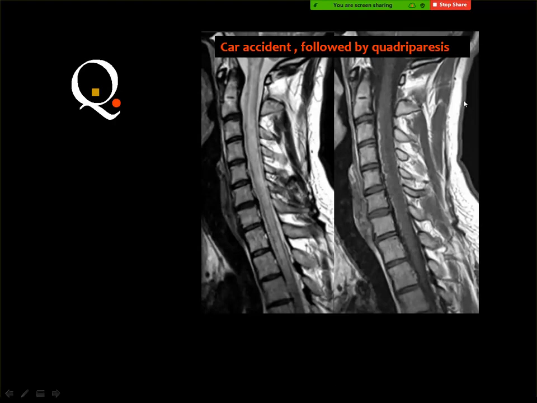This patient was subjected to a traffic accident followed by quadriparesis. Enhancement. Dural arteriovenous fistula. Yes, very good diagnosis actually.